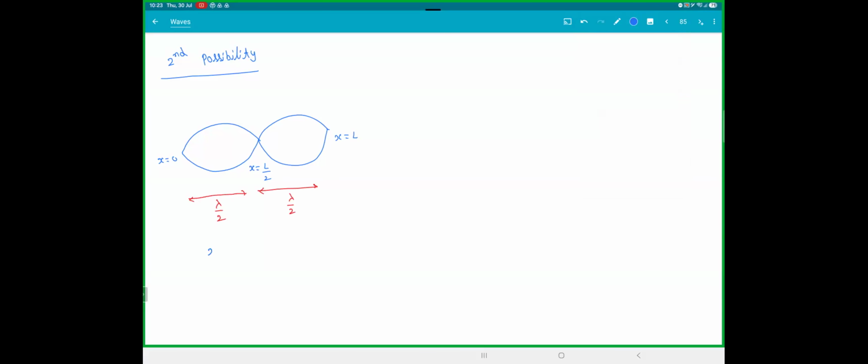So we get 2 times lambda by 2 is equal to L. So we get frequency F2 is equal to V by lambda, which is V by L. This can be written as 2 times V by 2L. So F2 becomes 2 times F1. Means if you want two loops, you have to give double the frequency.